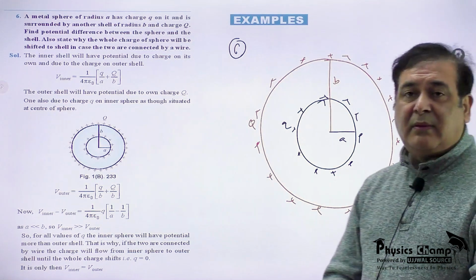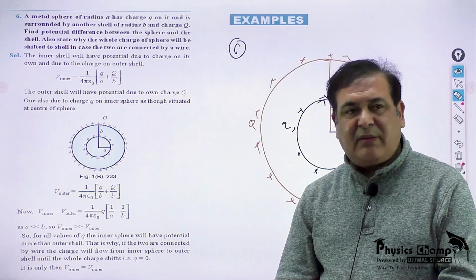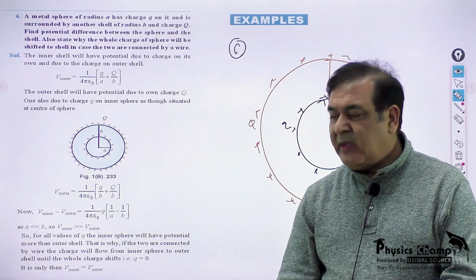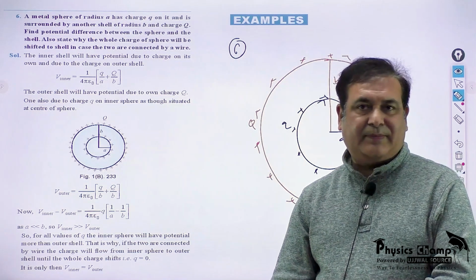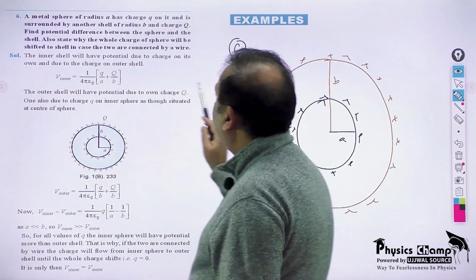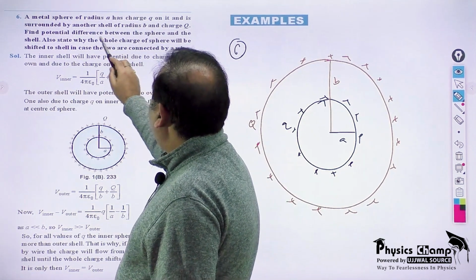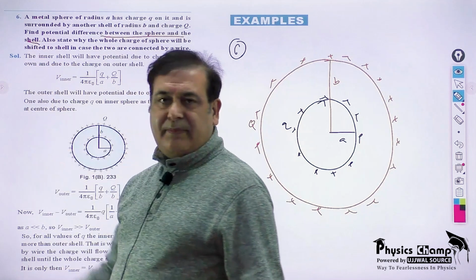The question is, find the potential on the inner sphere and find the potential on the outer shell. So the first part of the question says, find the potential difference between the sphere and the shell.